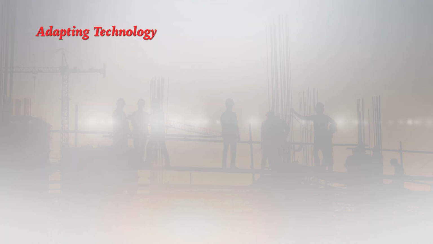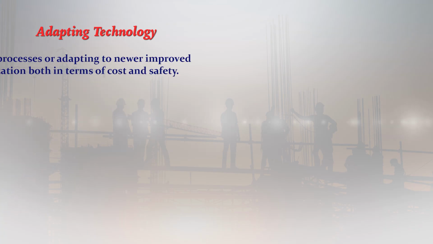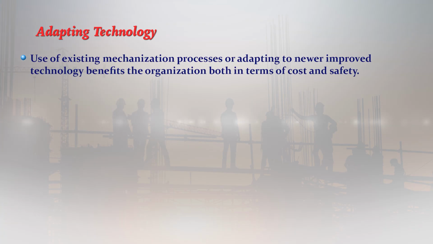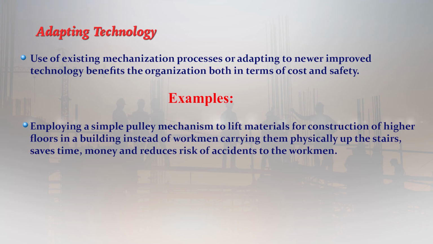The next factor is adapting technology. Use of existing mechanization processes or adapting to newer improved technology benefits the organization both in terms of cost and safety. For example, employing a simple pulley mechanism to lift materials for construction of higher floors in a building instead of workmen carrying them physically up the stairs saves time, money and reduces risk of accidents to the workman.